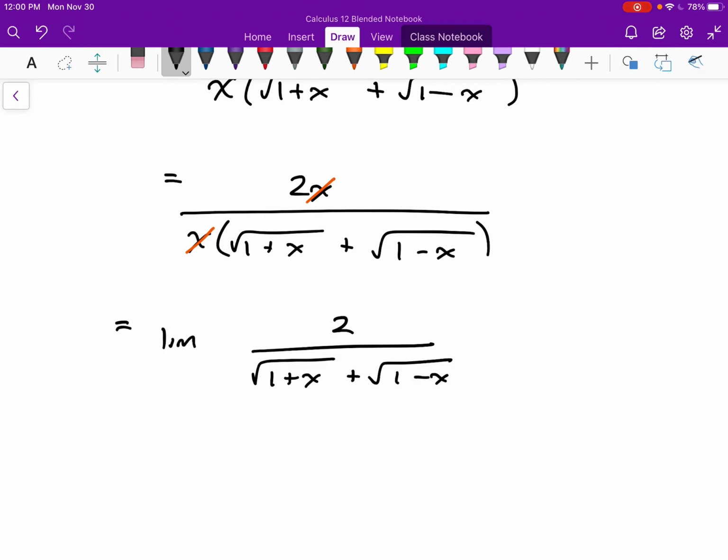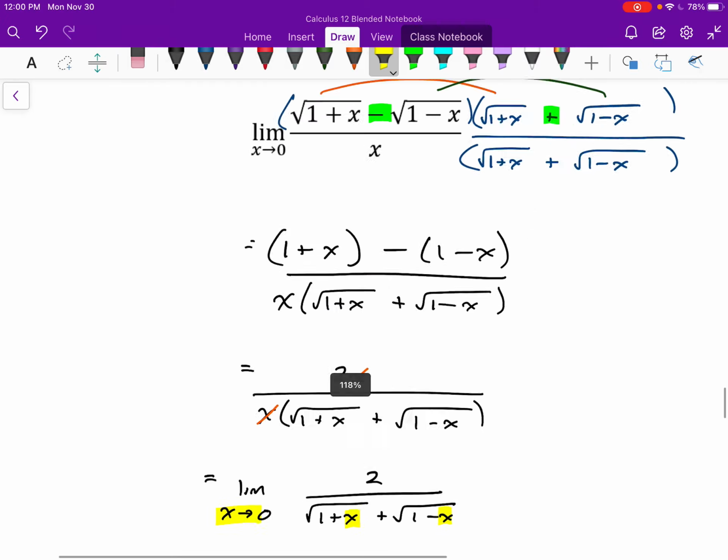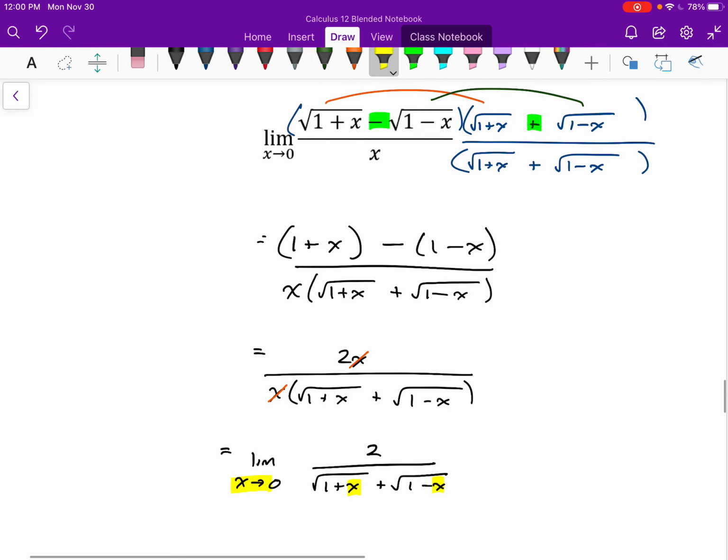So now I can actually evaluate limit as x approaches 0. Because notice at this point, if I replace x with 0, I'm never dividing by 0. Or any step before. If I look at all these steps before, and there's only 2 steps, but either this step or this step, if I substitute x with 0 in either of those steps, I would get a denominator of 0. I actually get a numerator of 0 as well.